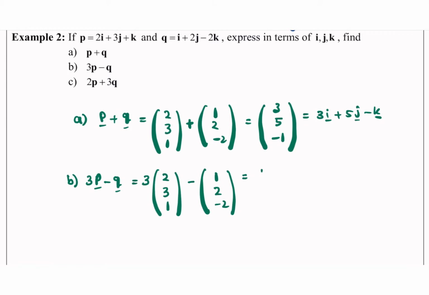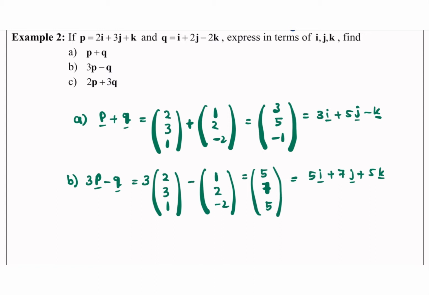Tolak dengan 1 which is 5. 3 darab 3 adalah 9. Tolak dengan 2 adalah 7. 3 darab 1 adalah 3. Tolak dengan negatif 2 which is positif 2. 3 tambah 2 jadi 5. So dekat sini jawapan in terms of IJK 5i plus 7j plus 5k. That is for B.